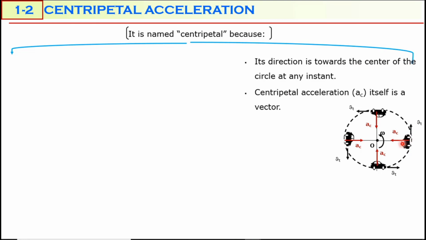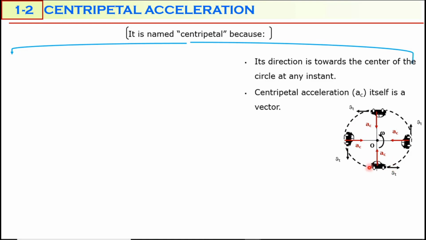When the car is here, the centripetal acceleration will point to the center, to the left. When the car moves and comes here, the direction of centripetal acceleration is again to the center, but this time down. When the car arrives at the left side of the circle, centripetal acceleration points towards the center, but this time to the right.